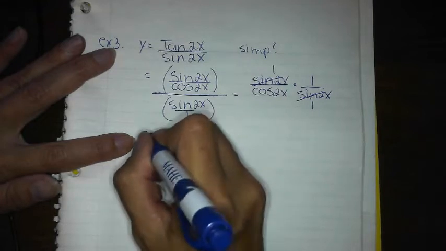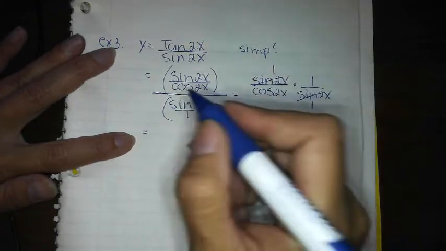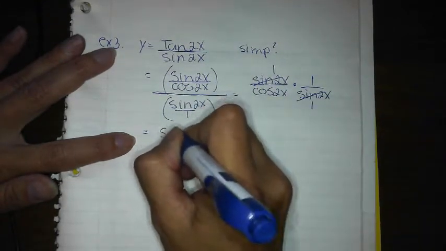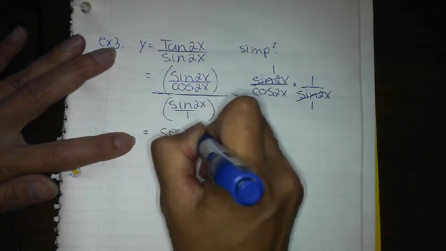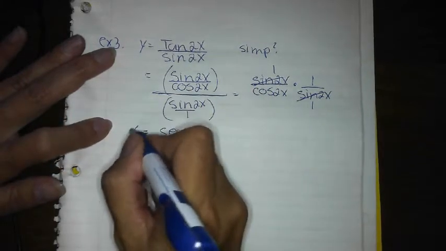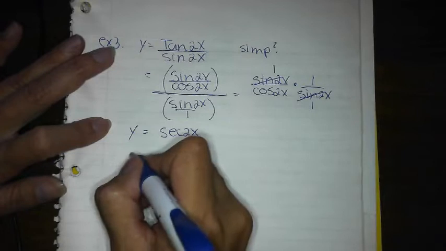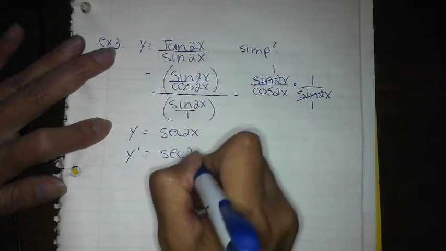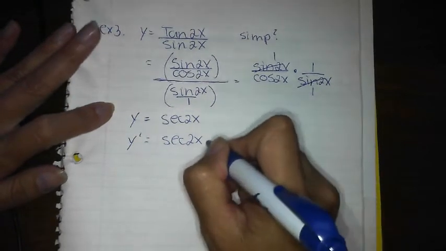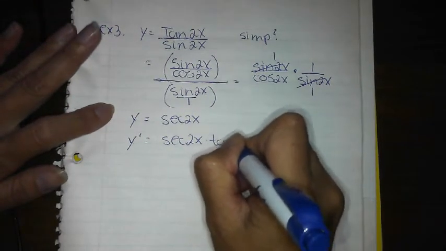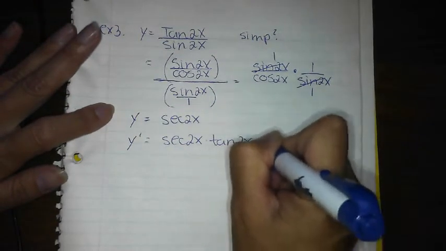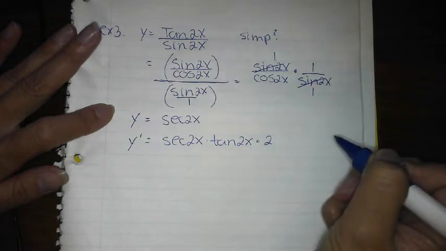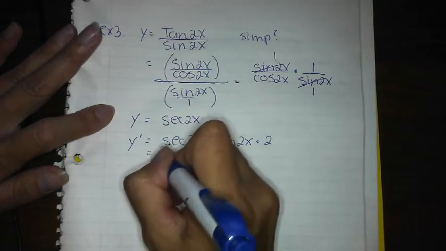So we are left with 1 over cosine, which comes back to secant. And that's all still just y. Now we're ready for derivative. Secant 2x times tan 2x times the derivative of the angle. Float that 2 to the front.